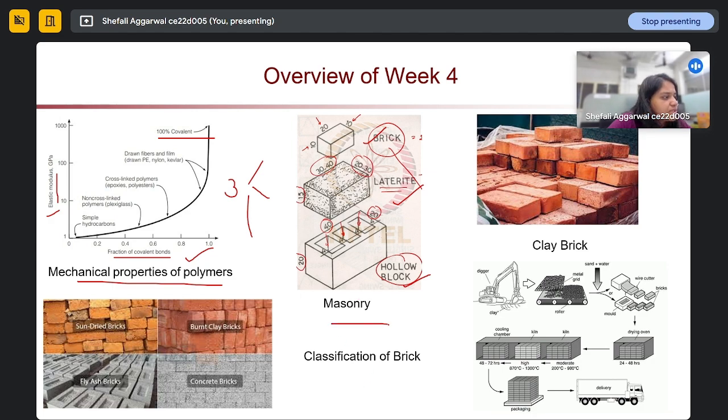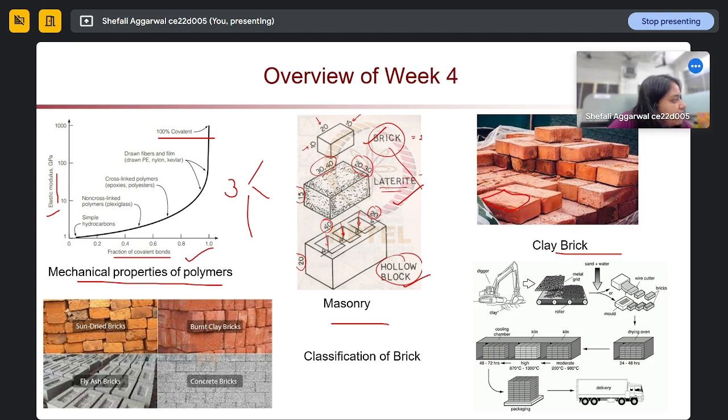First is the clay brick. You might have already seen clay brick while making walls in a structure. We use this normal orange-colored clay brick. The mechanism of how this clay brick is formed is given here. First we collect the clay, then the clay is ground properly, then mixed with water, and it is molded.